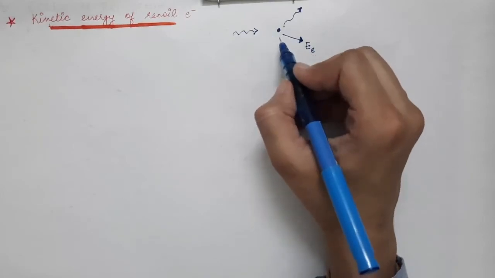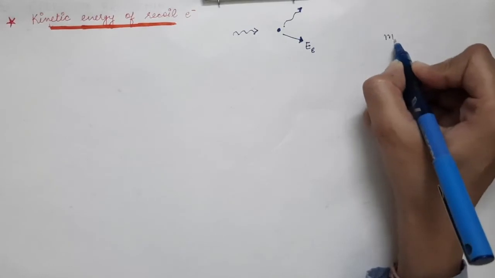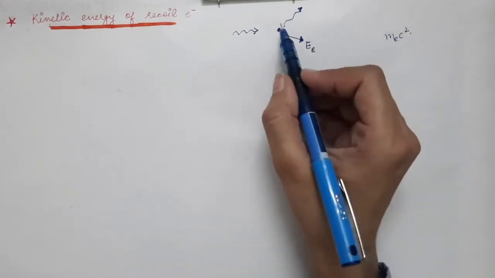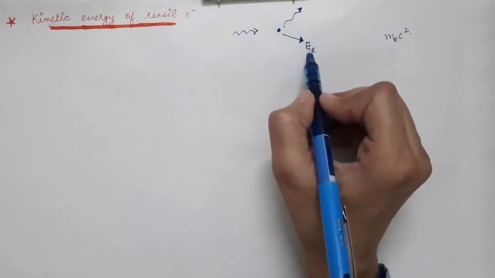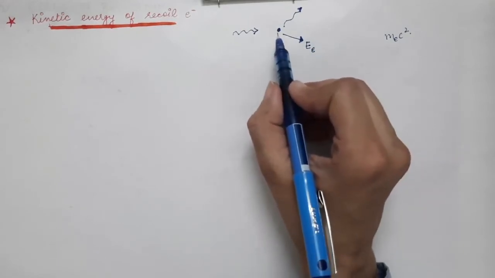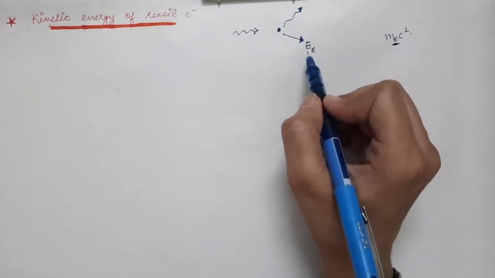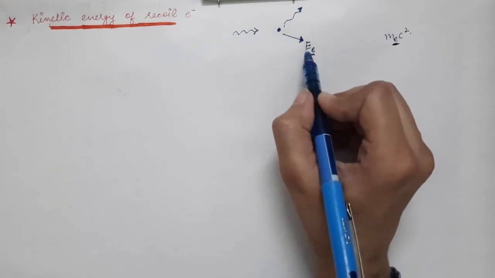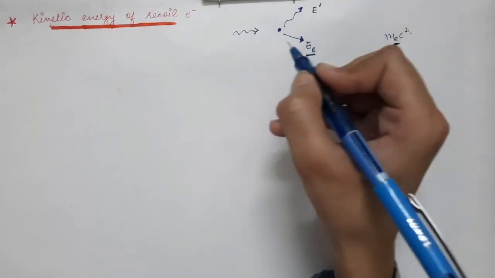Before the interaction, the electron had only the rest mass energy, and that is equal to m_e c square, where m_e is the rest mass of the electron. But after the collision, the electron has the rest mass energy plus kinetic energy, and the summation of both is given by E_e. The energy of the scattered photon is denoted by E prime.